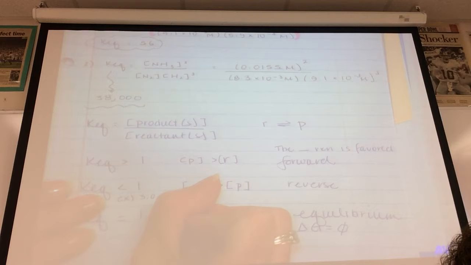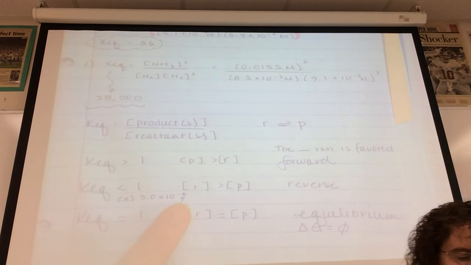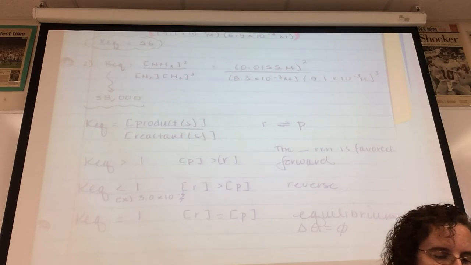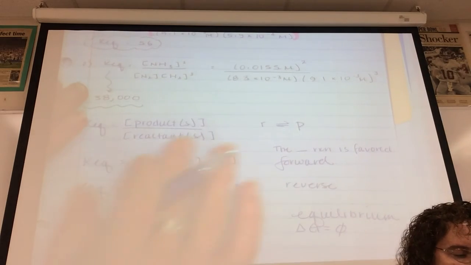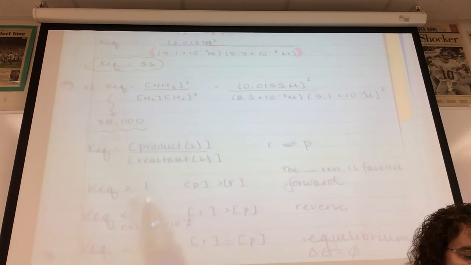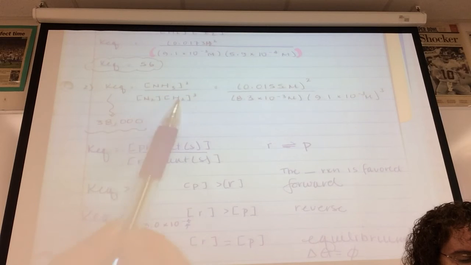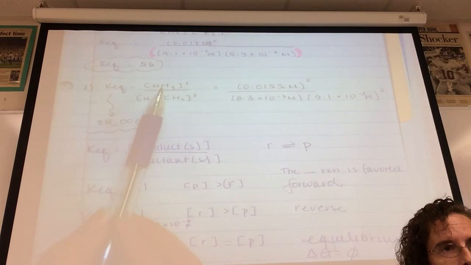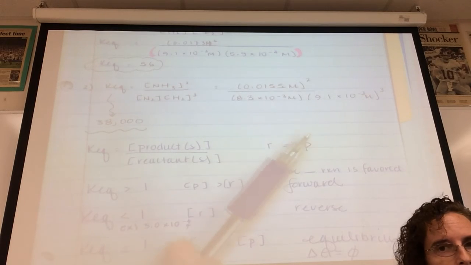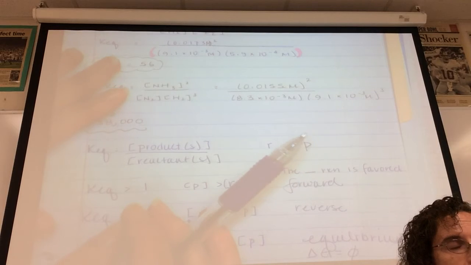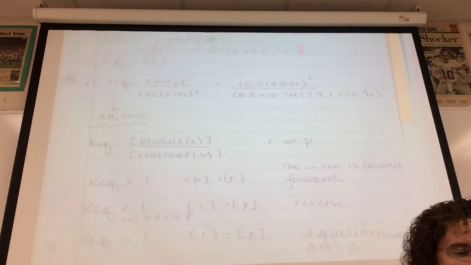When you've got that negative exponent there, then the reverse reaction is favored. What we'll get into next time is a little bit more of this, and as Jason alluded to, you'll be given KEQ and concentrations of 2 or more, and then you'll need the concentration of the missing. So tomorrow's lesson will be very, very short. We'll do a lot of practice, and you'll get more practice in.